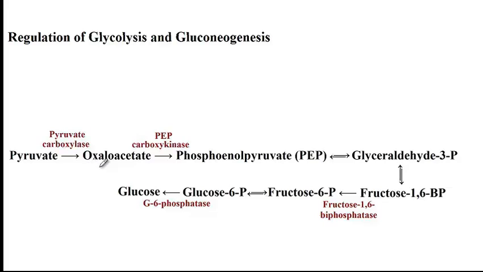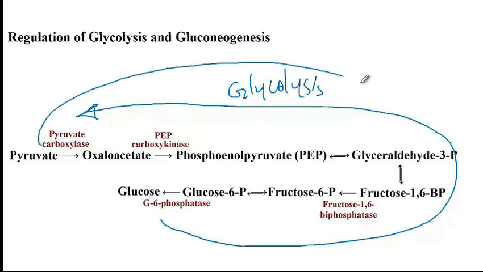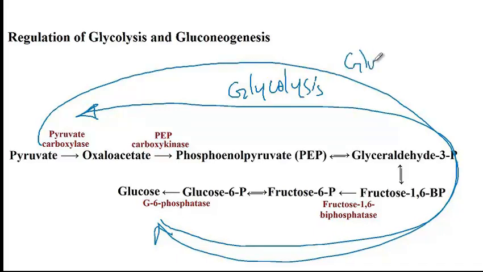Here you can see that glucose getting converted to pyruvate would be glycolysis. But conversion of pyruvate back to glucose would be gluconeogenesis.